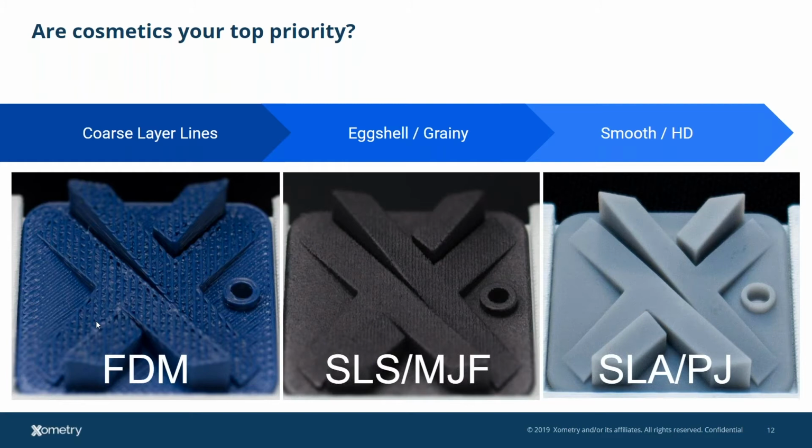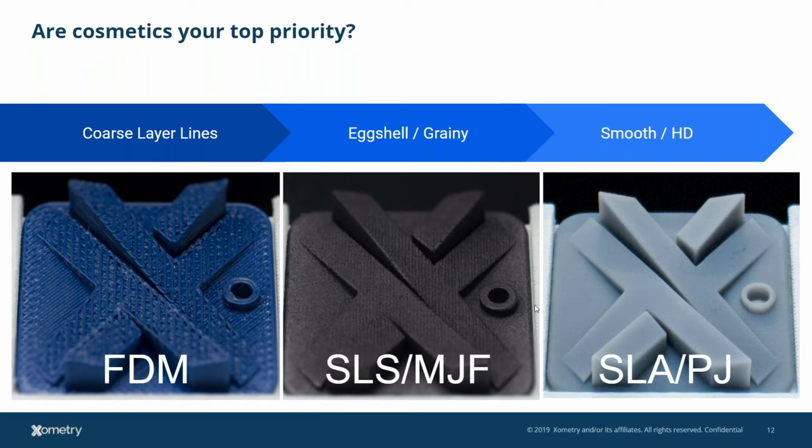So FDM is a layer-by-layer process. It is building something with an extruded filament. You have those significant step layer lines, usually 10 thousandths of an inch. If you have a larger part, over 14 inches in a dimension, you may see 13 thousandths of an inch layers. Selective laser sintering and multi-jet fusion have a middle range, general use matte, almost like a sugar cube finish.